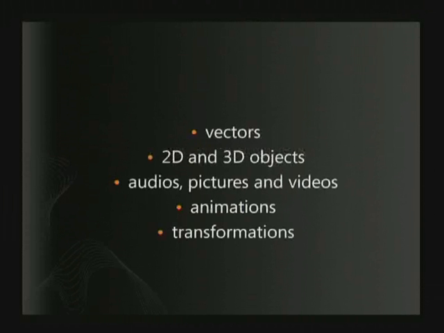And what you can do with this new engine is to manipulate vectors, but also all media. You can manipulate videos, you can manipulate pictures, and you can do some animation and transformation on all these objects. So it's a new kind of feature you will have for creating rich interactive application.